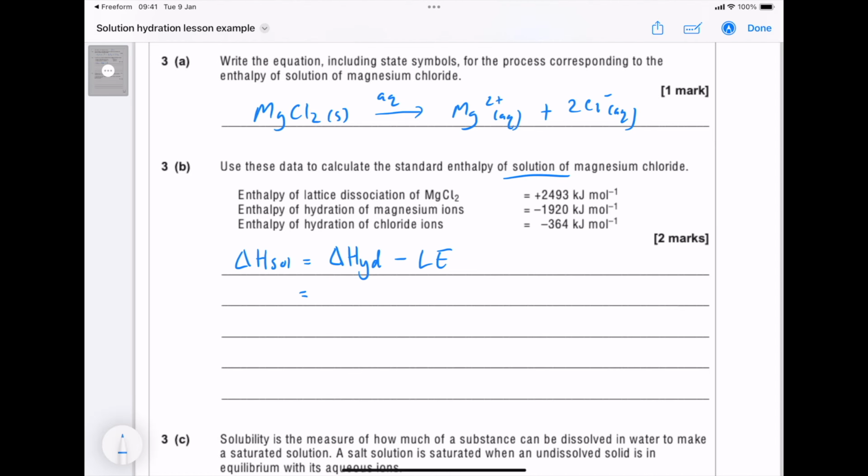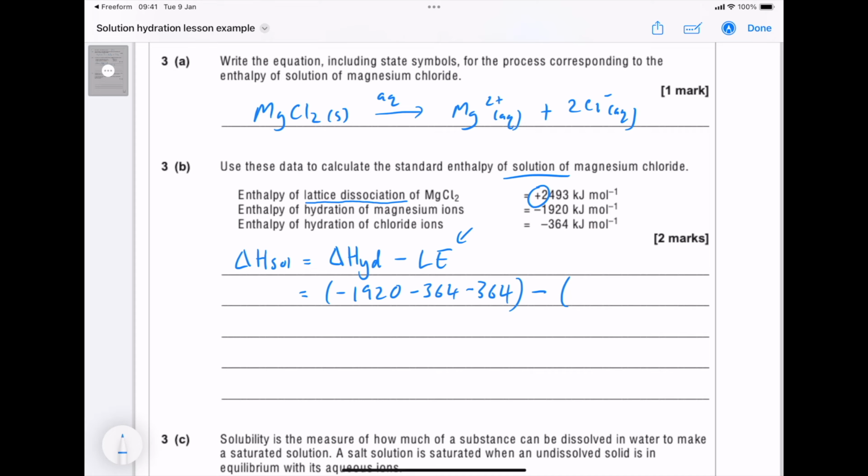So we need the hydration enthalpies. It'll be minus 1920 for magnesium. And there's 2 chlorides, because it's MgCl2, so it'll be minus 364, minus 364, minus the lattice enthalpy, which is 2493. Now you have to be careful here. That's the lattice dissociation enthalpy, which is positive.